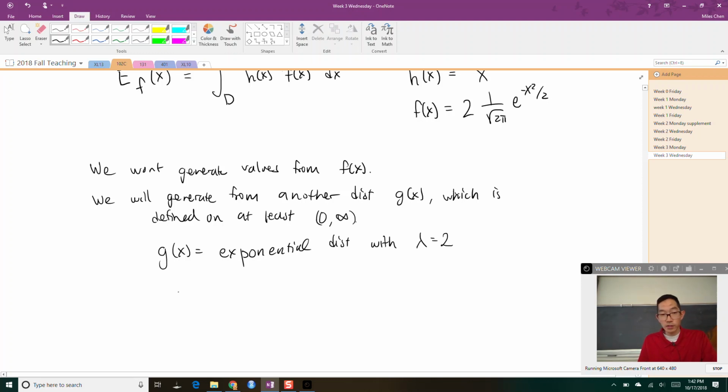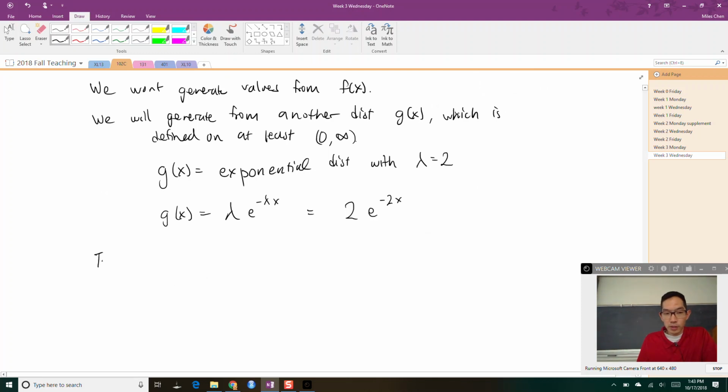So g of x is lambda e to the negative lambda x, so it'll be 2e to the negative 2x. So we're going to generate values from g of x. Okay, and so now what?